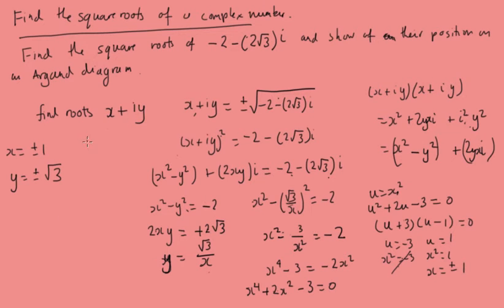So our roots are going to be, so the square root of minus 2 minus 2 root 3i is going to be plus 1 plus i root 3, or minus 1 minus i root 3.